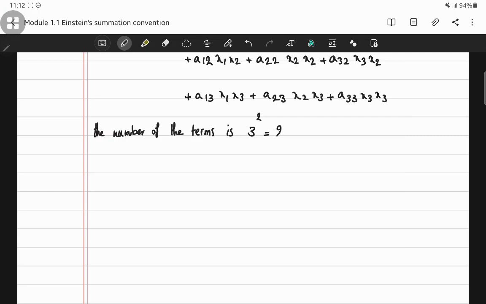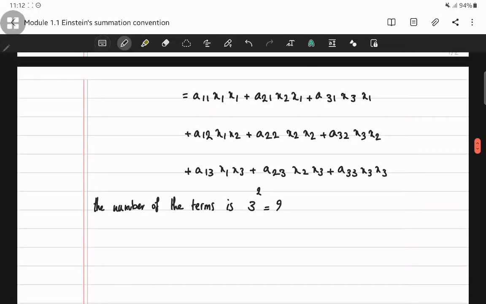And when we count these terms, 1 2 3 4 5 6 7 8 9, we have 9 terms here. This is way too beautiful compared to writing long expressions.